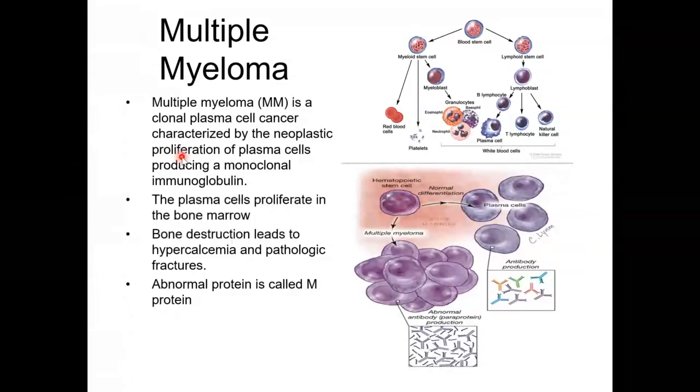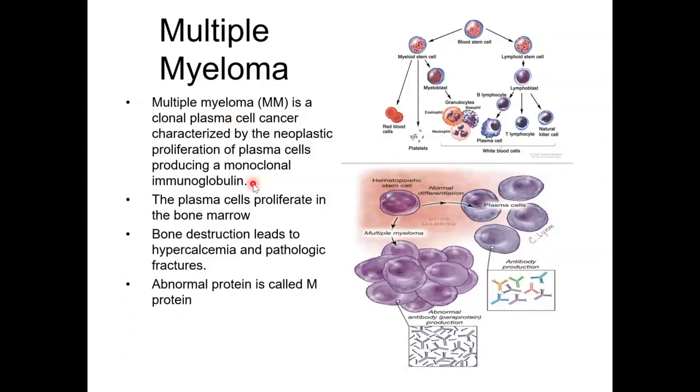And it continues to excessively multiply. This one clonal cell multiplies and multiplies in a negative, bad way. So it's a mutation, and it produces a monoclonal body.